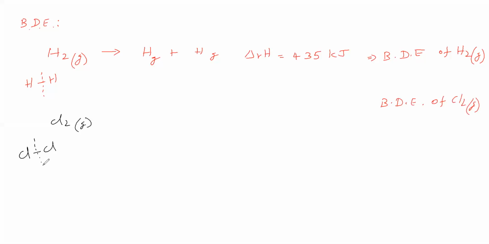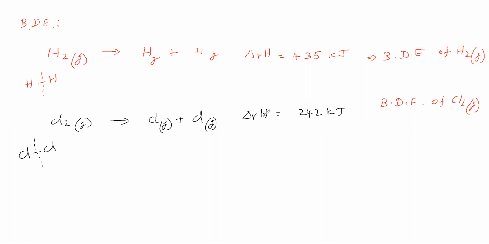Break the bonds present in it, then it converts into gaseous chlorine atoms. To do this, the amount of heat involved is called the bond dissociation enthalpy of Cl2 gas. Now see the bond dissociation enthalpy of Cl2 gas and compare with hydrogen.